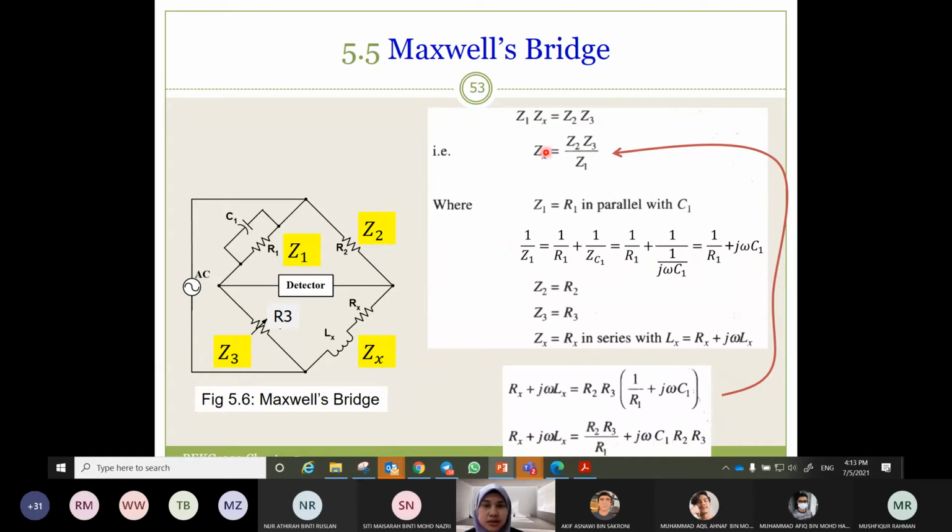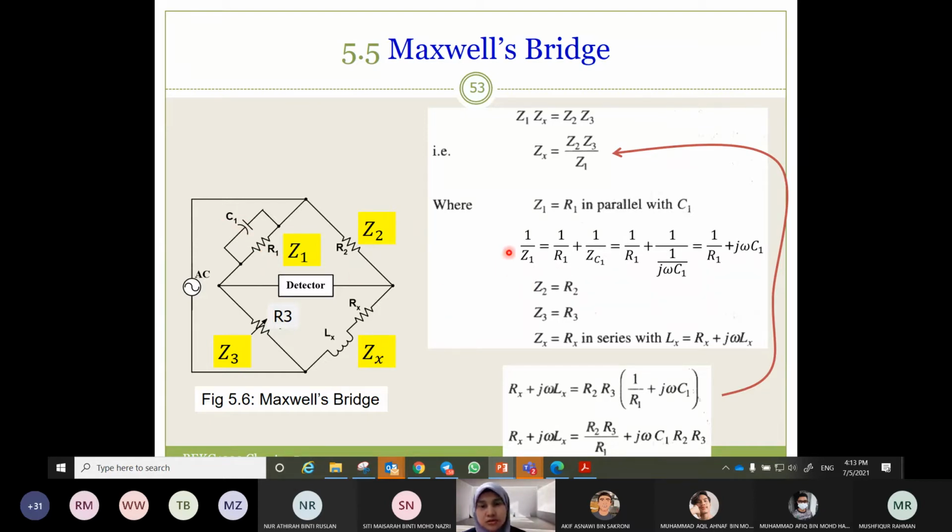So we know that Zx is equal to Z2, Z3 over Z1. Now we define each Z. What is the definition of each Z? Let's start with Z1. Z1 is the combination of C1 and R1, the parallel circuit.